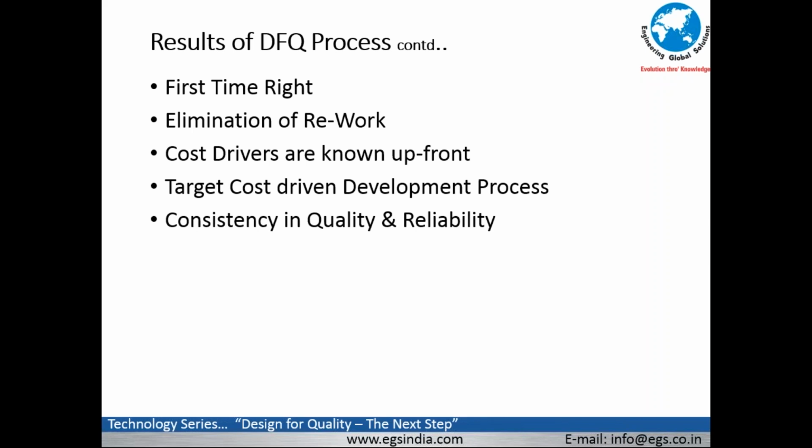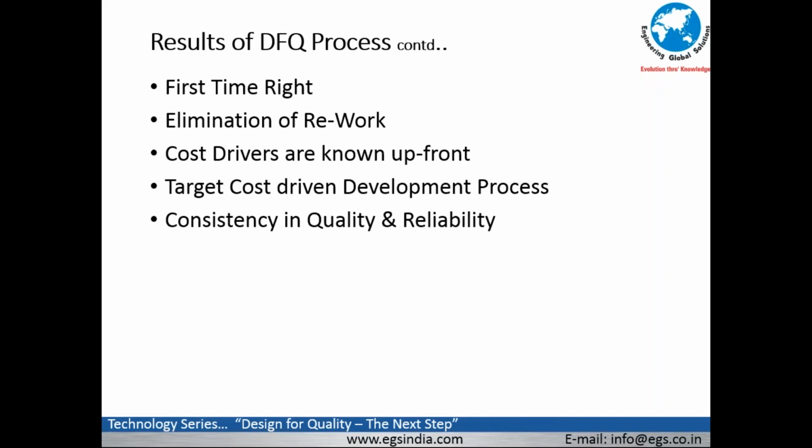The cost drivers are known upfront. The target cost-driven development process for products, as I said earlier in this presentation, 85% of the product cost is determined by design, some of them from material, some of them from material specification, material utilization, and most of it is from the specification of the tolerances that we give in the parts.